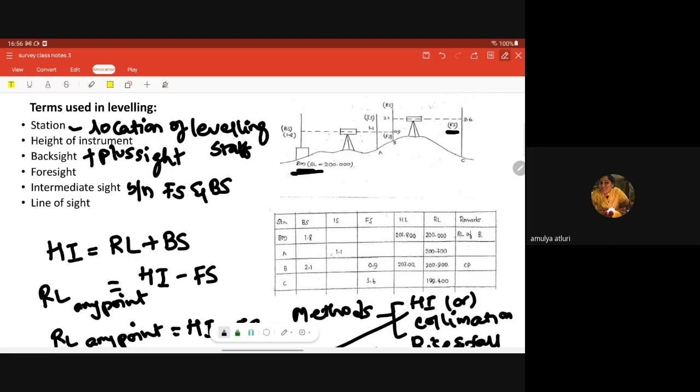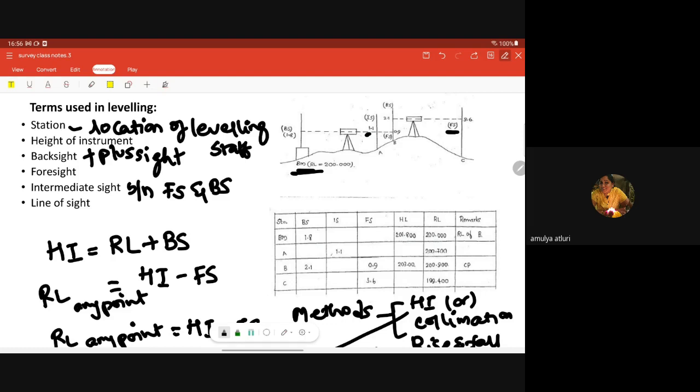So there won't be any backsight. Next, what is the intermediate sight? You can see 1.1. How do we calculate HI here? RL plus BS. So here HI is RL plus BS, and RL at any point is nothing but HI minus FS.